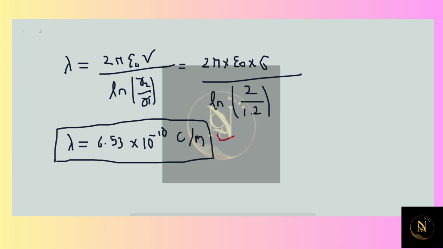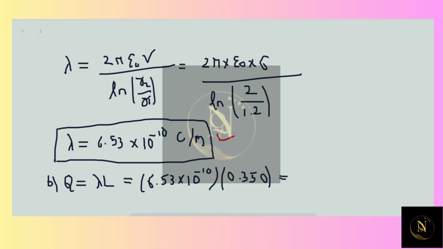Now moving ahead to the second part of the problem, where we are required to find the total charge on this capacitor. So the total charge can easily be found to be lambda times L, because lambda is charge per unit length. So charge can be written as lambda times length. We have already found the lambda, which is 6.53 times 10 raised to negative 10 times the length, which is given to be 0.350 meters.